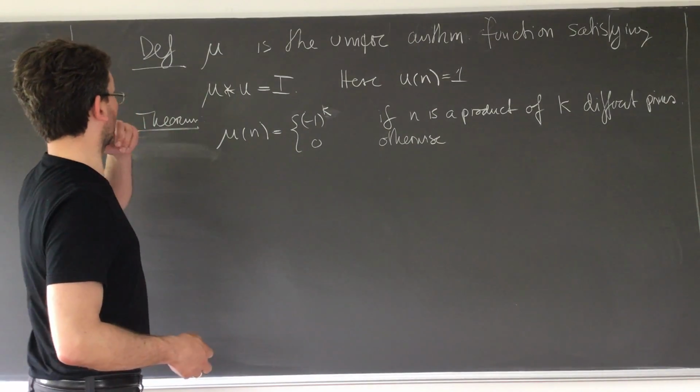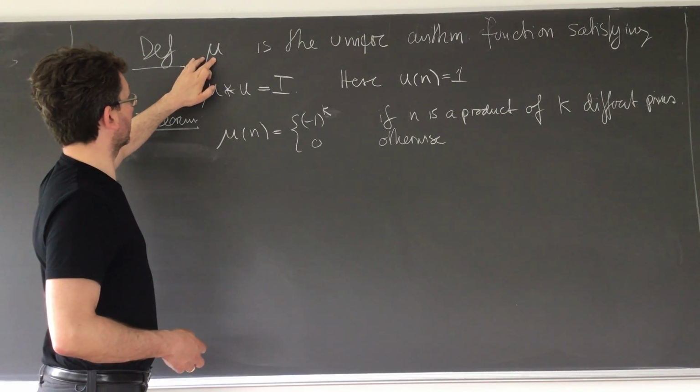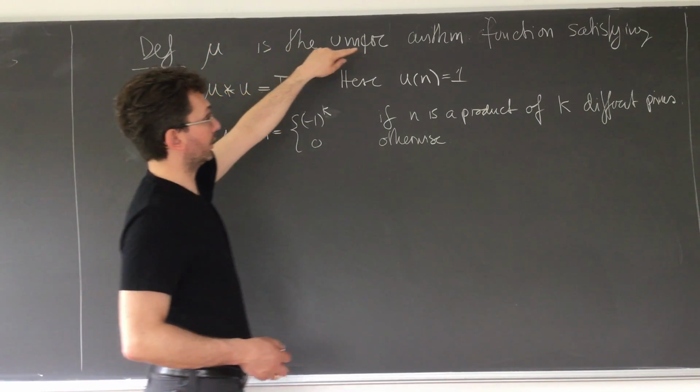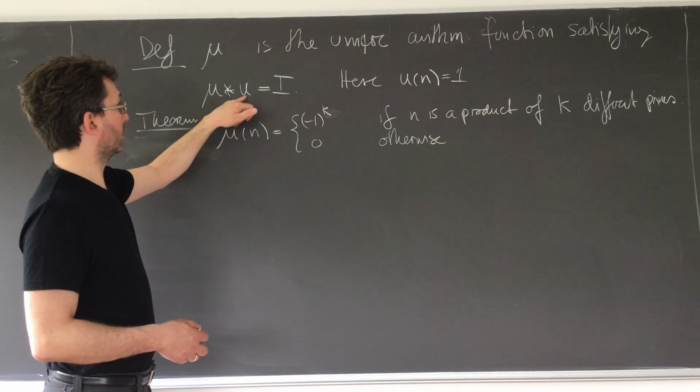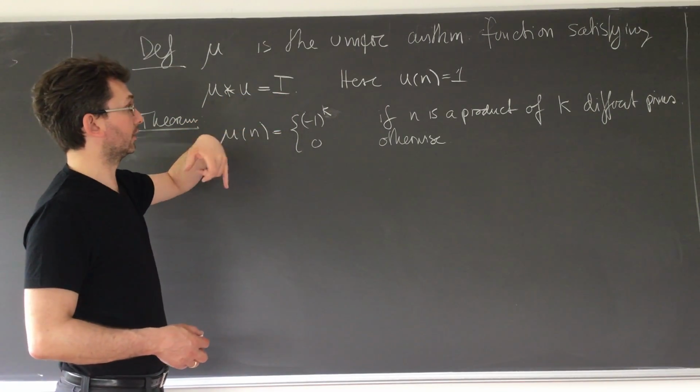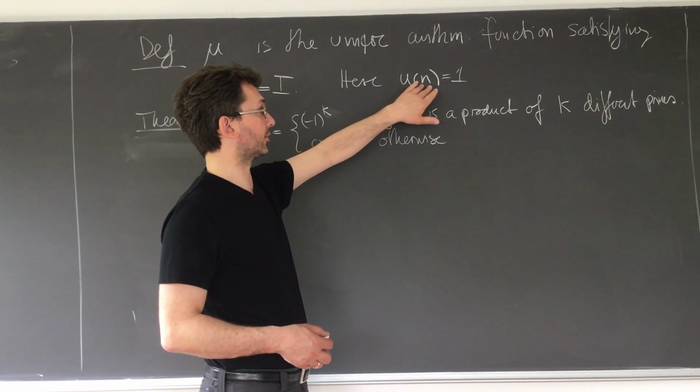We want to look at the Mobius function. Here the Mobius function is defined as the unique arithmetical function satisfying that mu star u is the identity, where u is the function which is just always 1.